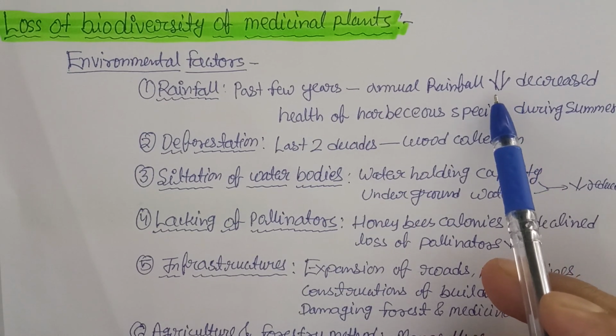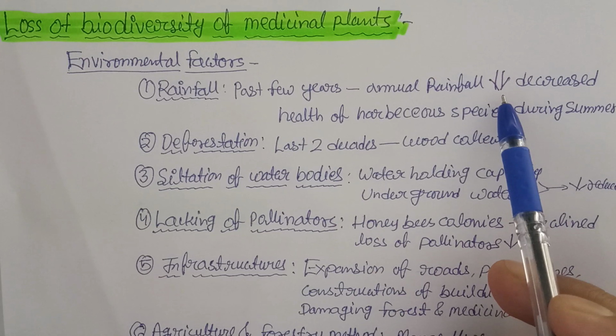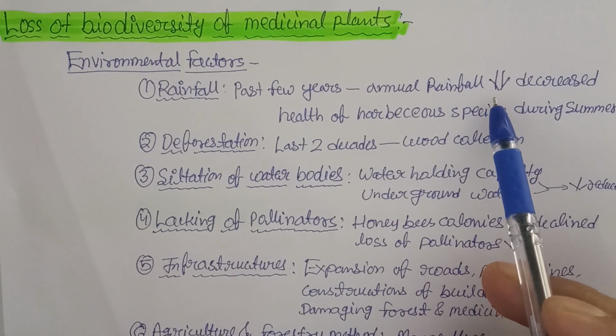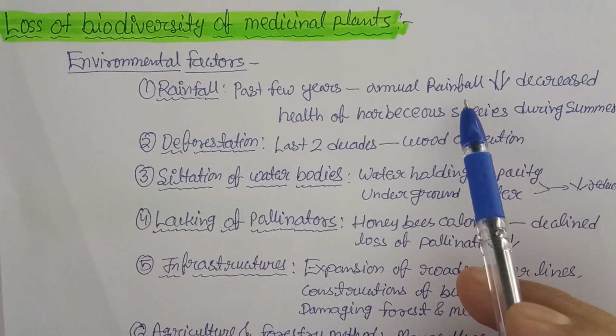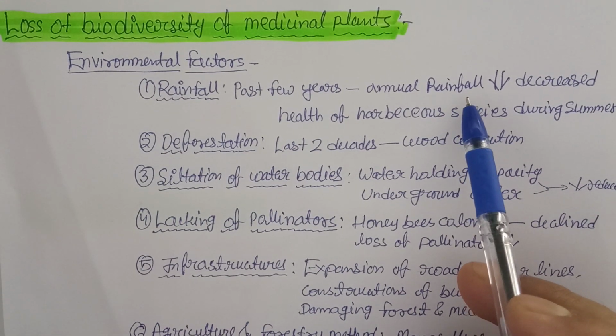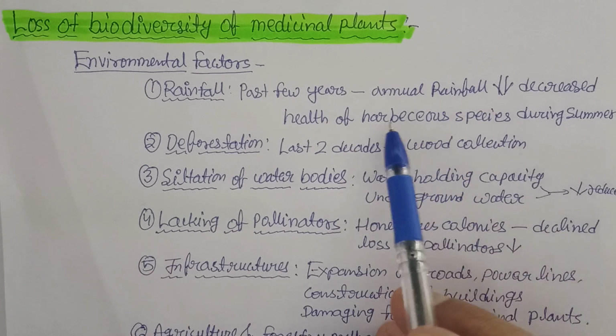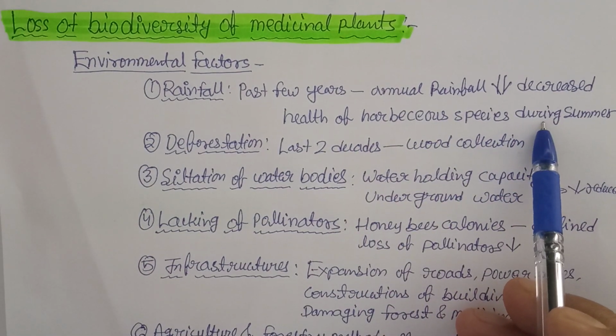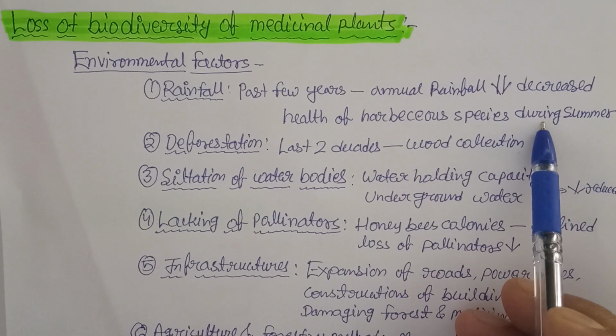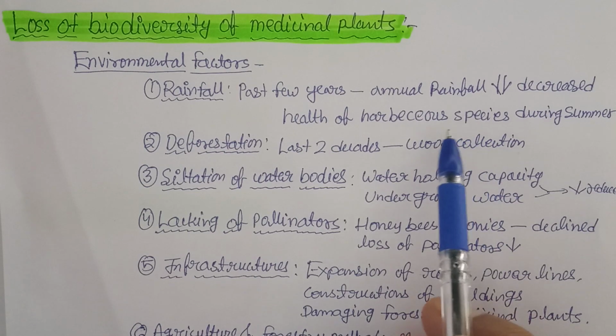So there is non-uniformity in the rainfall. The rain comes whenever it comes, but when the farmer or cultivator requires it, the rain does not come, right? So the health of herbaceous species during summer has been affected, and they have become endangered and are at risk.